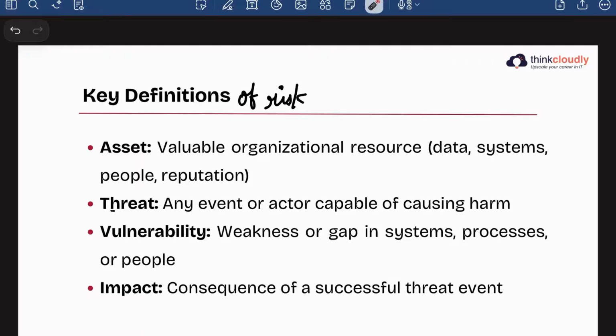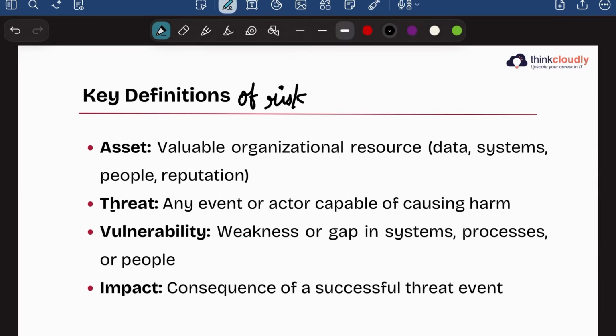So an asset should be there. A threat to that asset should be there. Threat is basically harm, potential harm. If there is no threat to the asset, there is no risk, right? And similarly, if there is no vulnerability in our asset, there is no risk. Vulnerability is weakness. So let's discuss this first of all.